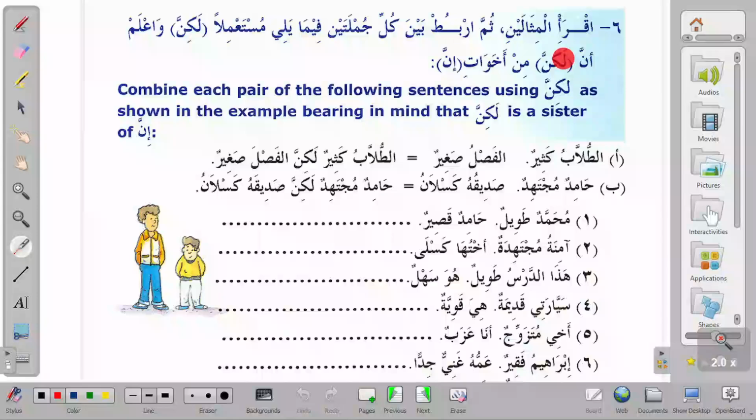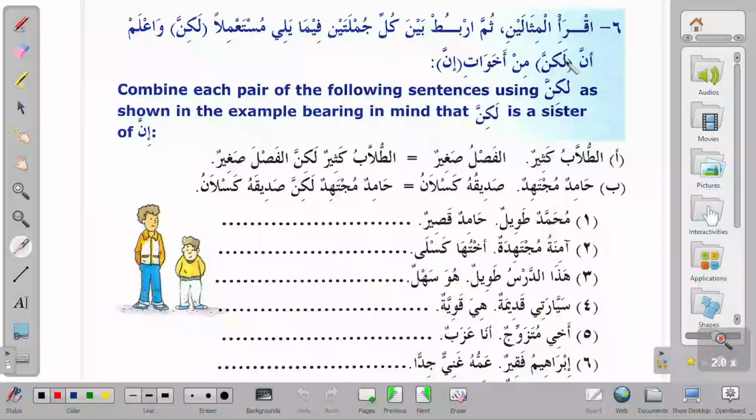What do we mean by lakinna? Lakinna, as we have seen it a lot of times, means but. For example, if you are trying to say Hamid is a student, but he is lazy. So that is lakinna.